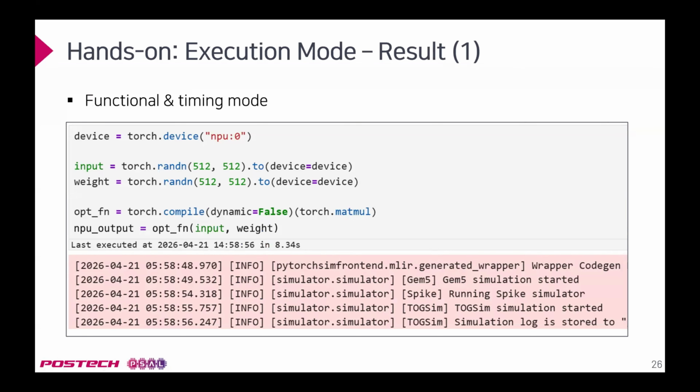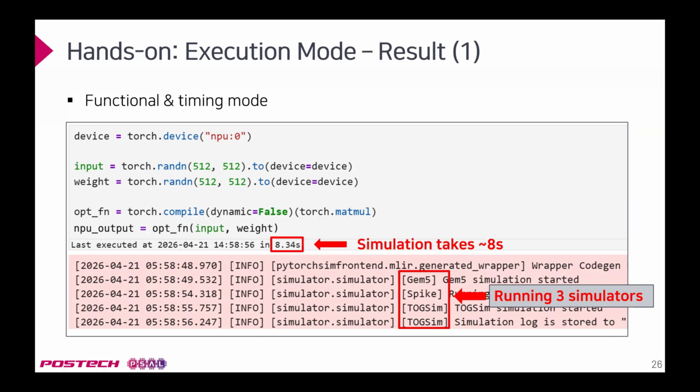Okay. After running all cells, in the default functional and timing mode, you can see all 3 simulators being invoked: Gem5, Spike, and TorchSim. The total wall clock time is about 8 seconds.